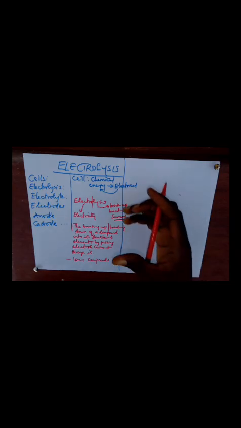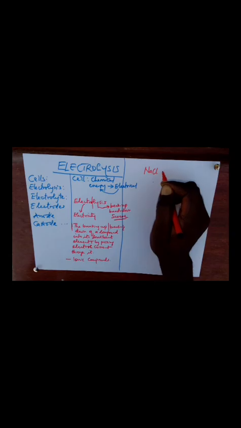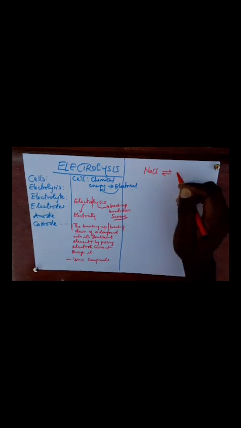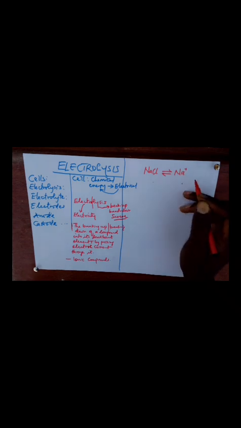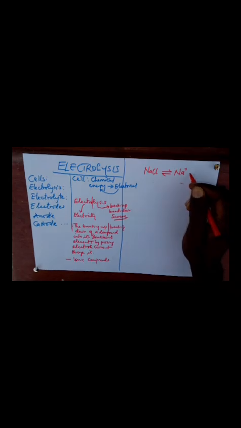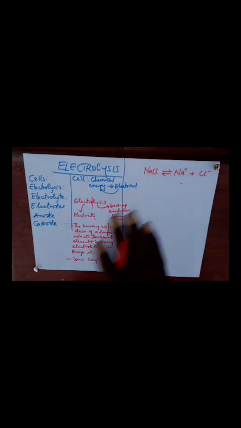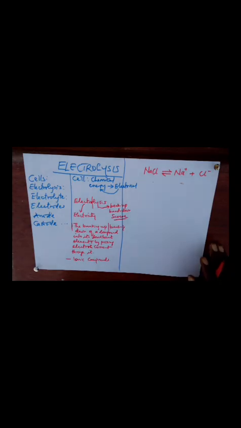For example, when sodium chloride dissolves in water, the ionic theory says this is what it looks like inside water. Sodium ions are separated from it, and then you also have chloride ions moving around in the solution.